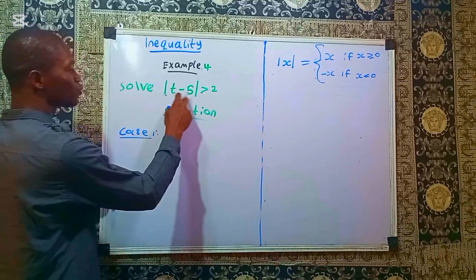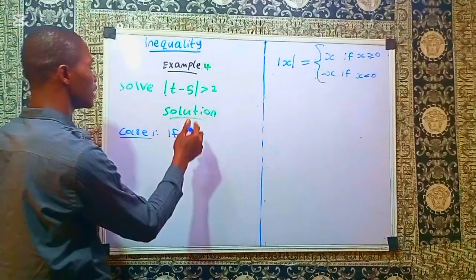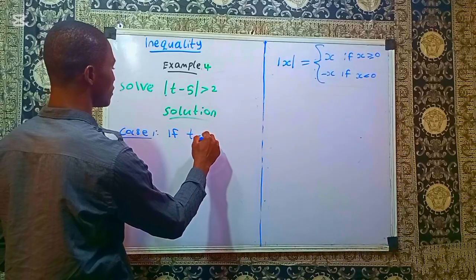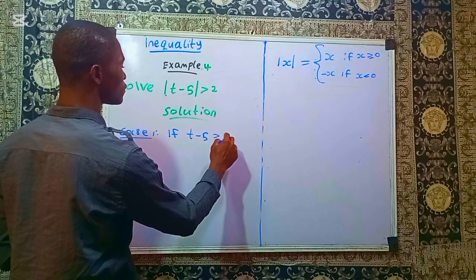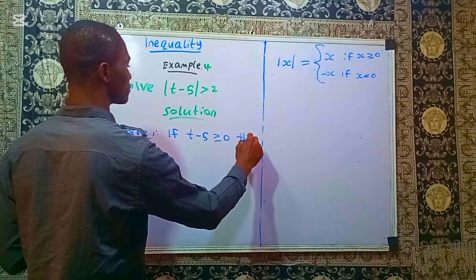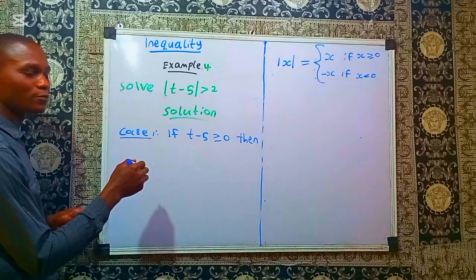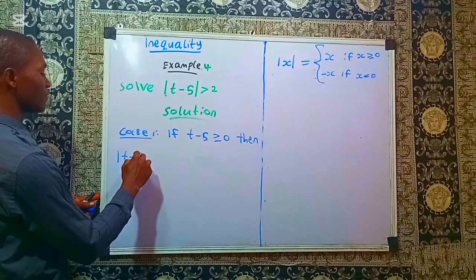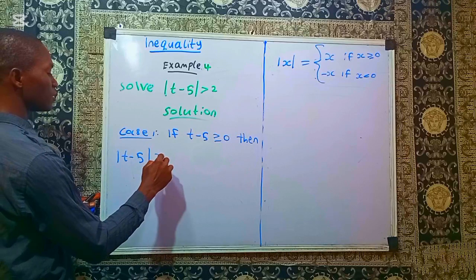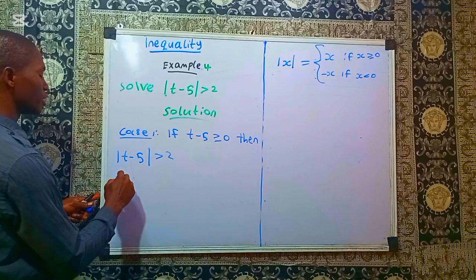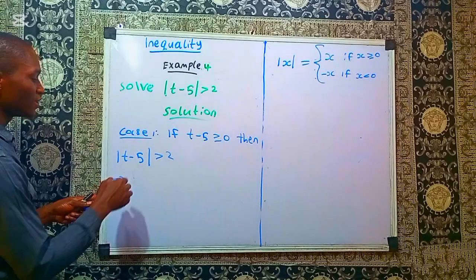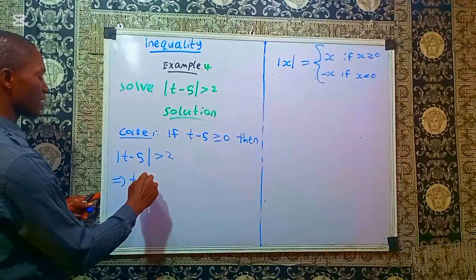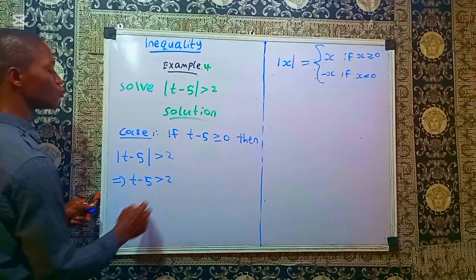If the quantity you have inside the absolute value, t minus 5, is greater than or equal to 0, then by definition of absolute value, the absolute value of t minus 5 greater than 2 will imply t minus 5 is greater than 2.